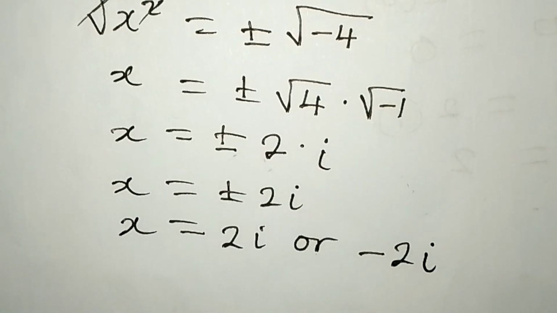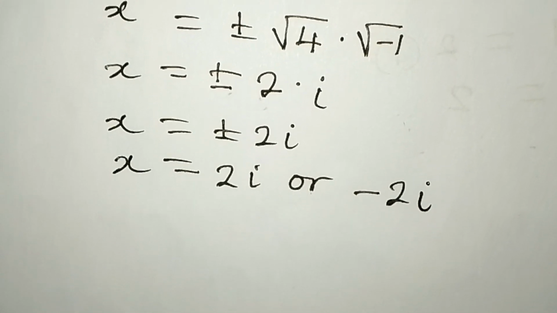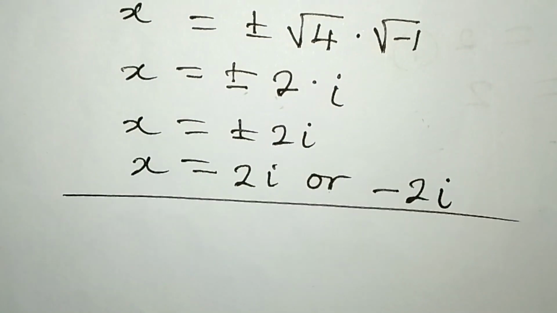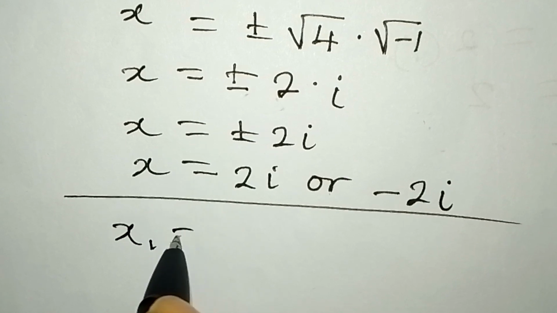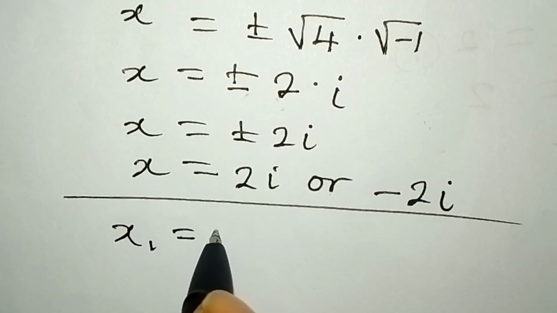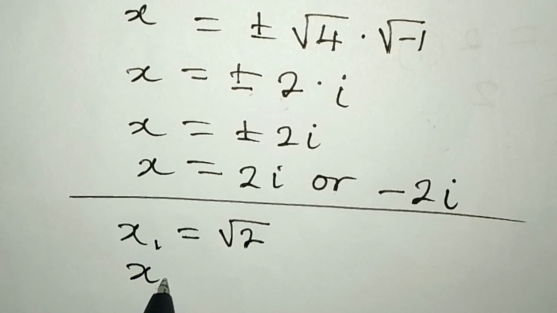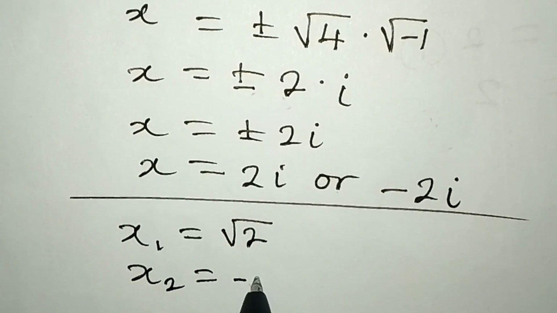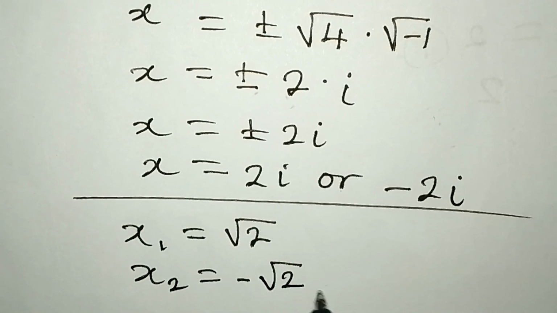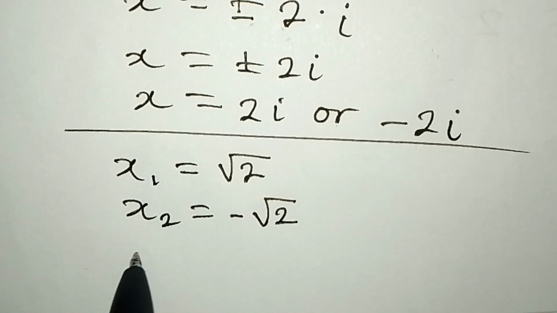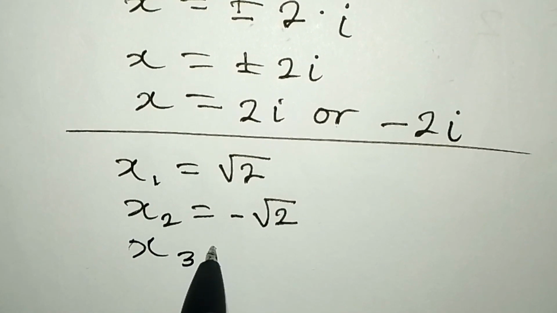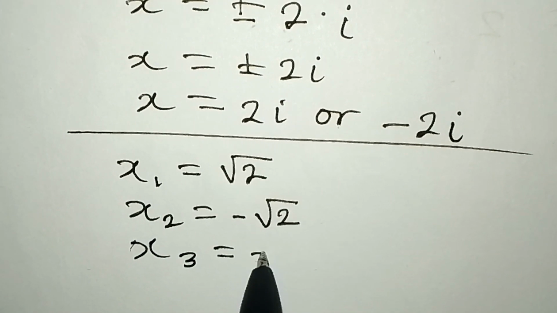Okay, now from here, let's get the 4 solutions because we're having 4 solutions, right? Our x1 is square root of 2. Our x2 is negative square root of 2. And our x3, okay, I think it's 2i.